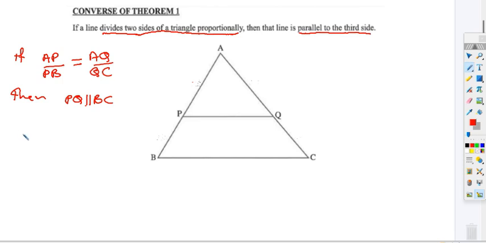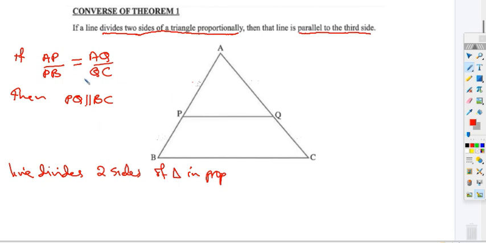And for this we have only one reason, but the previous one we had two reasons that you could give. For this one, the reason is: line divides two sides of triangle in proportion. That is the reason for this one. Line divides two sides of triangle in proportion.